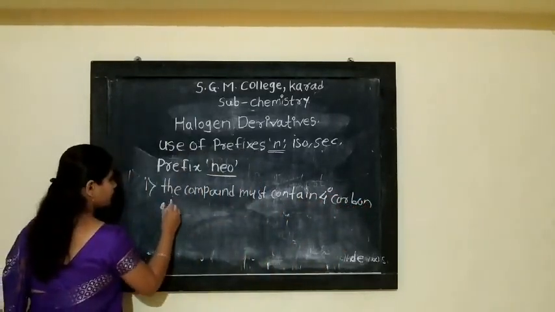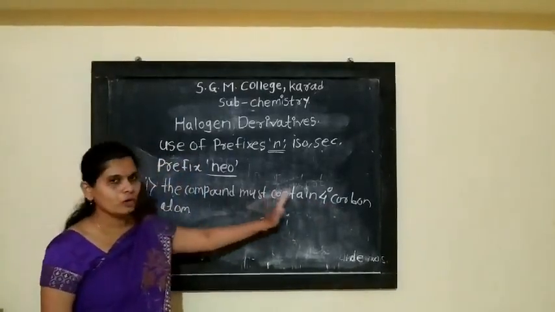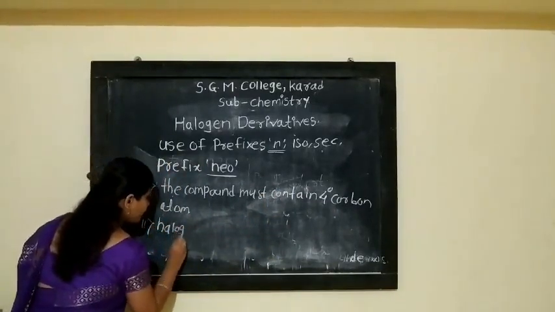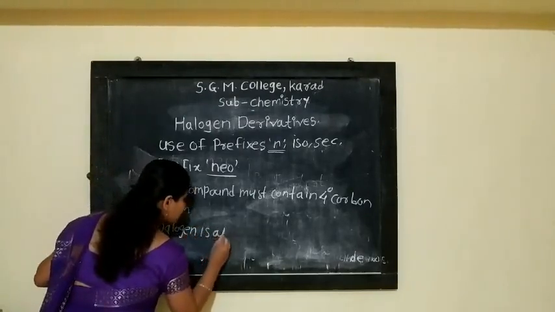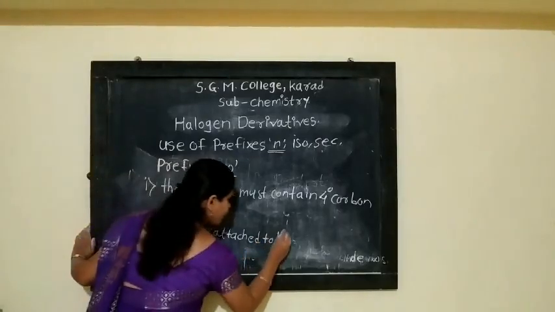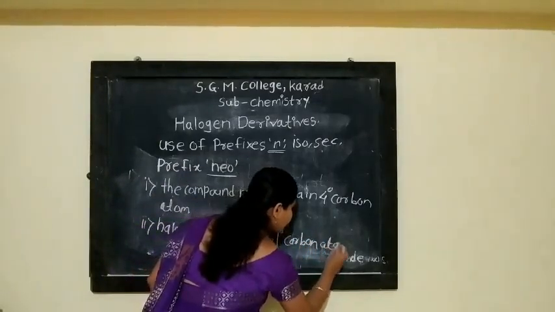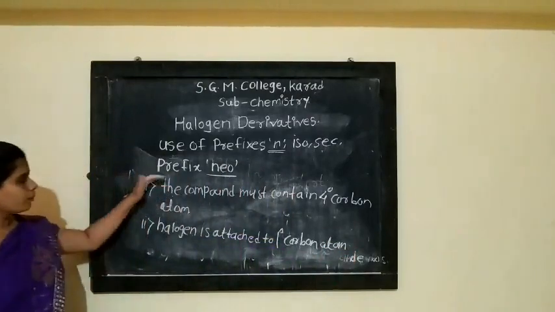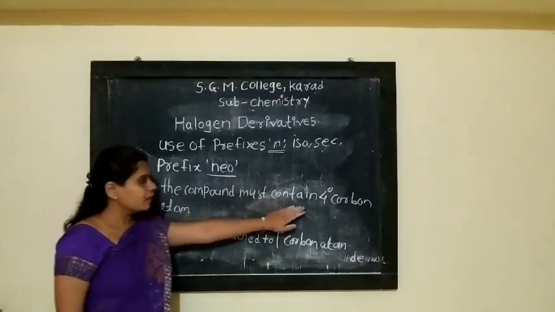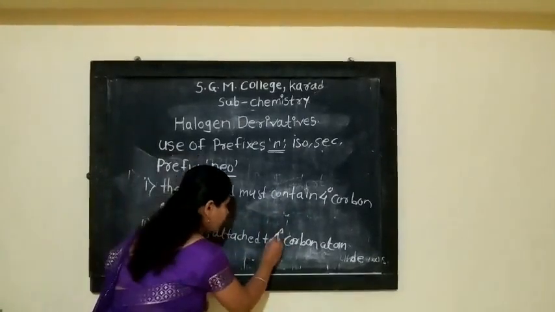Quaternary carbon atom means this carbon atom is attached to four more carbon atoms, and the halogen is attached to a primary carbon atom. The two required conditions to use prefix neo are: the compound must contain a quaternary carbon atom and the halogen is attached to a primary carbon atom.